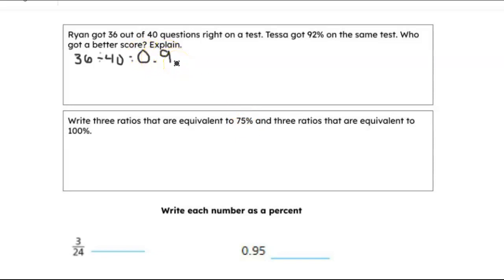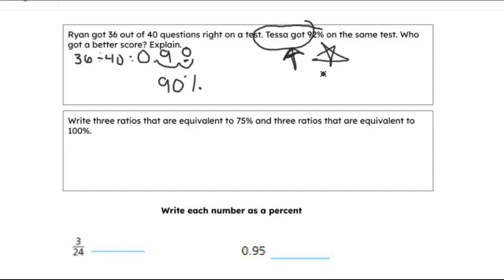Once I have a decimal, to change it to a percent, I'm going to move my decimal 2 times to the right. Right here in this little blank, I'm going to put a 0. So I get 90%. Ryan got a 90, Tessa got a 92. Tessa, right here, has the better score. Only by 2%, but still a better score.